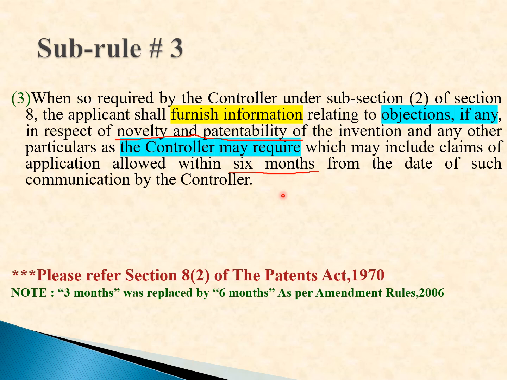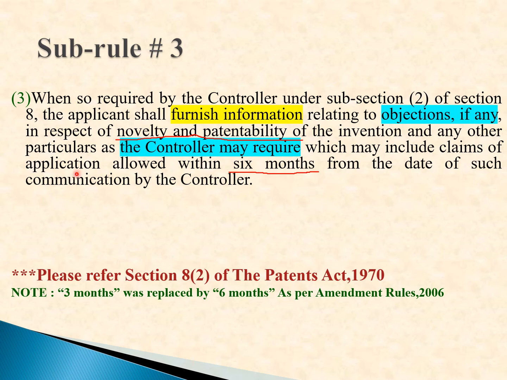That means starting from the date of communication by the controller, a period of 6 months is allowed. And this also, friends, earlier it was 3 months, and as per Amendment Rules 2006 it was amended to 6 months.